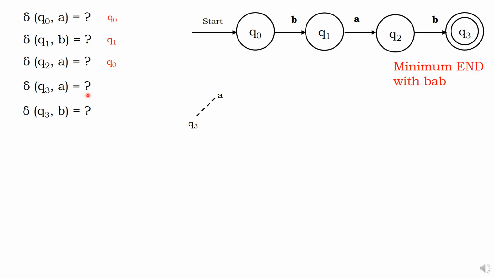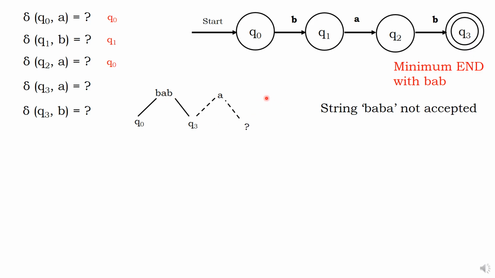Q3, A, what happened? Who is before Q3? BAB. Who is before BAB? Q0. Who is after Q3? Nothing is there. BABA, not accepted. Is it possible to put something and make it accept? Yes. BA, if you put one more B, BAB will be accepted. Am I right? Can you do such modification here? No, that's yesterday.